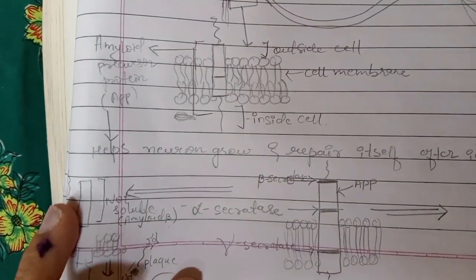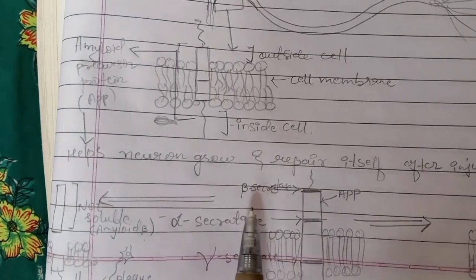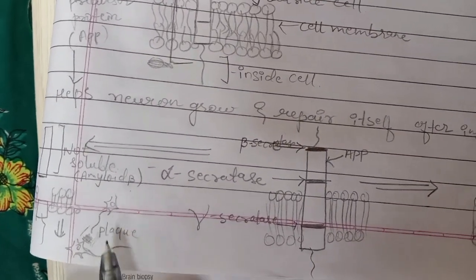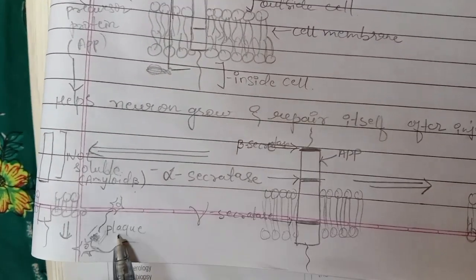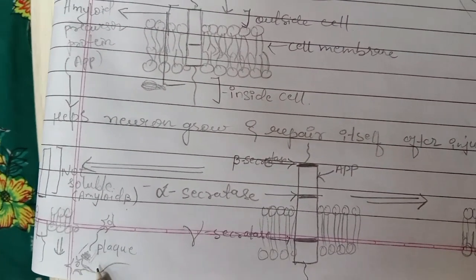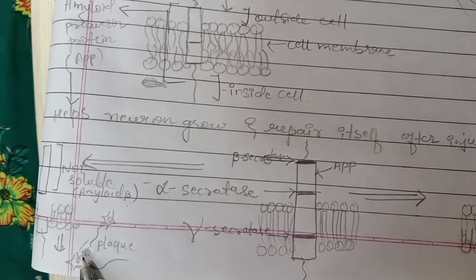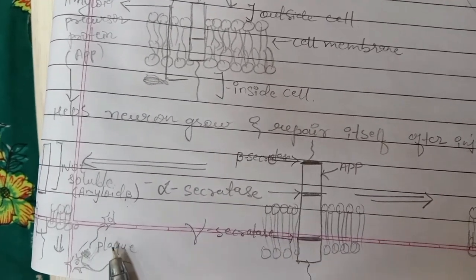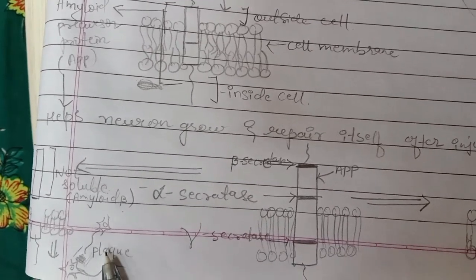Okay, so if this fragment is formed because of beta secretase, then it starts accumulating outside the neuron cells. Okay, outside this is the cell membrane, so this accumulates outside the neuron cells and it forms a plaque.